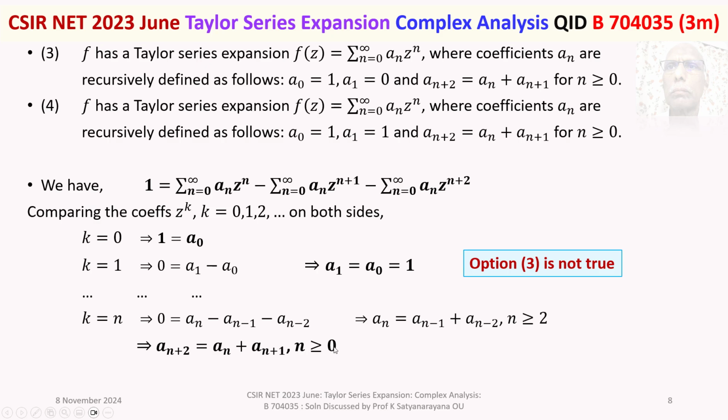That means writing n plus 2 in the place of n, we get a_(n+2) is equal to a_(n+2-1), that is a_(n+1), plus a_(n+2-2), that is a_n. So n greater than or equal to 0, in that case it will start. So that is precisely there in option 4. Thus, option 4 is true. The answer to this question is option 4.